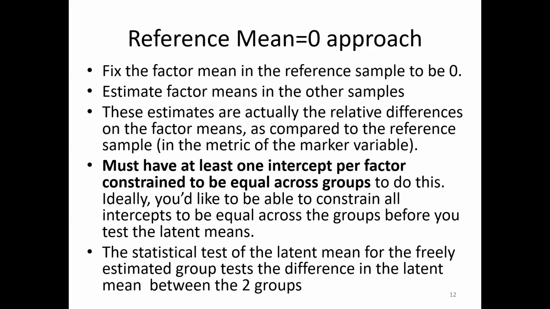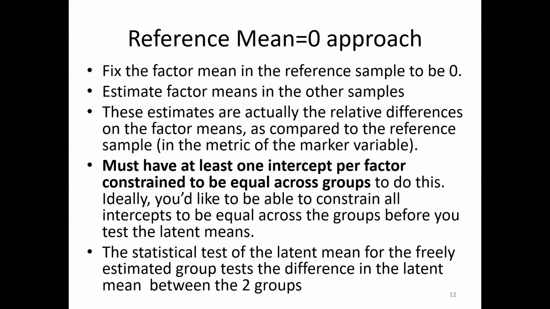If I look at the critical ratio, that z-score, if that is statistically significant in group 2, because this group 2 thing is now really the differential between group 2 and group 1 on the latent mean, that's actually like a t-test using latent means. That's really what it is.